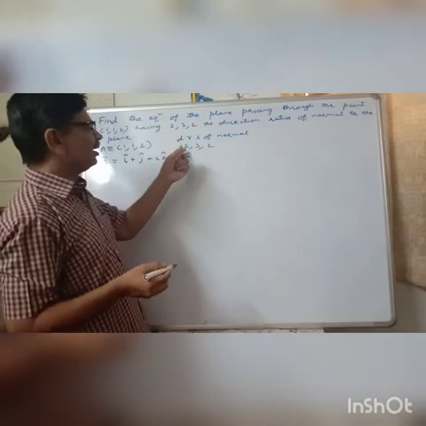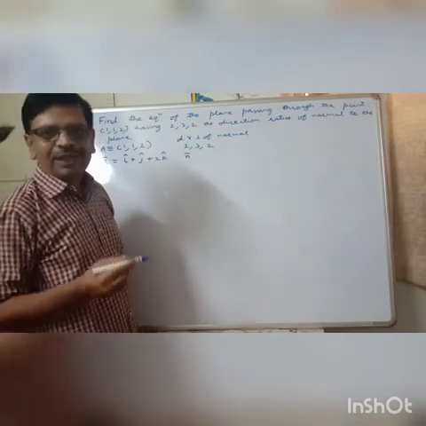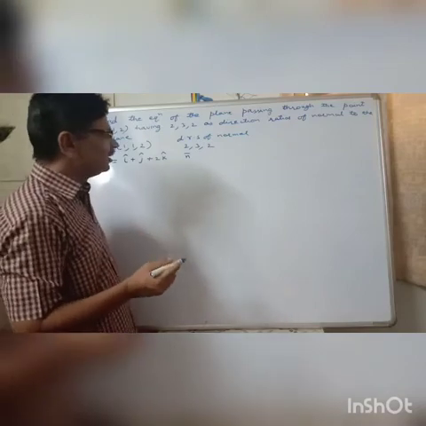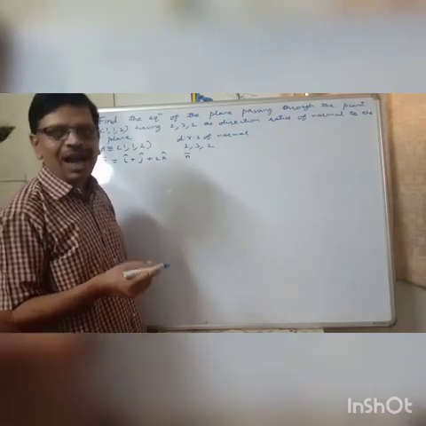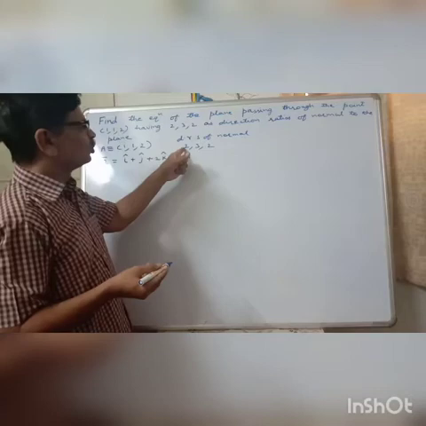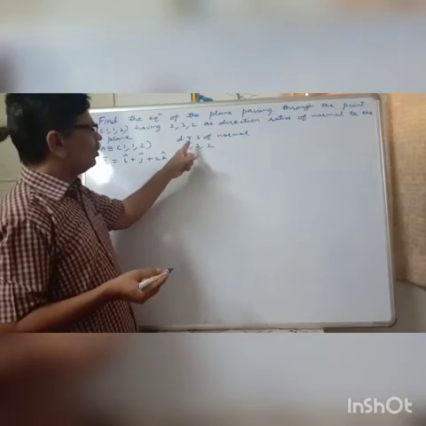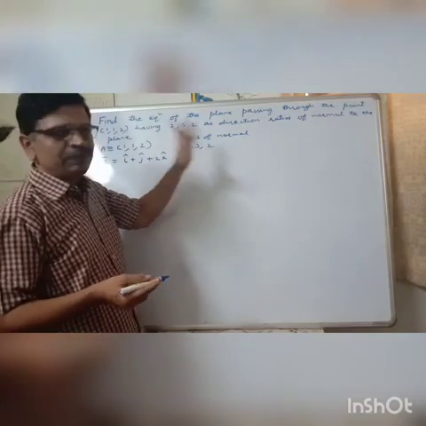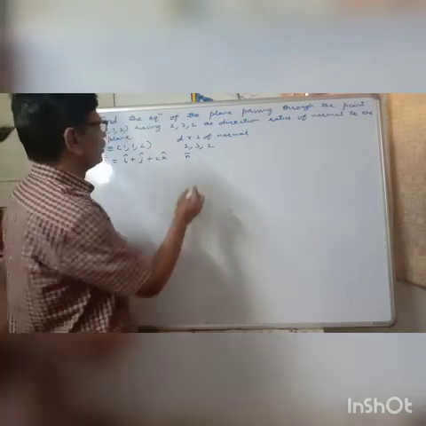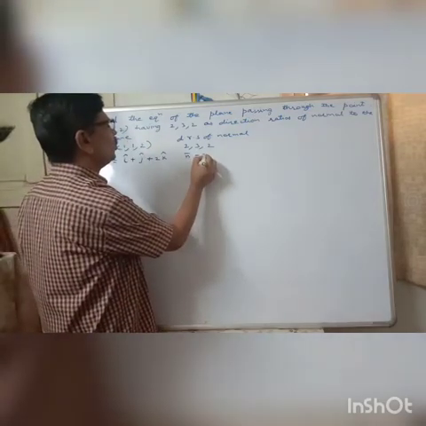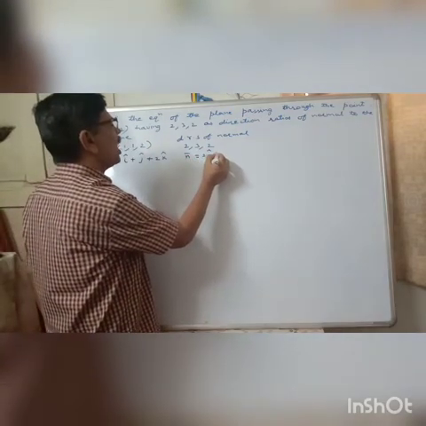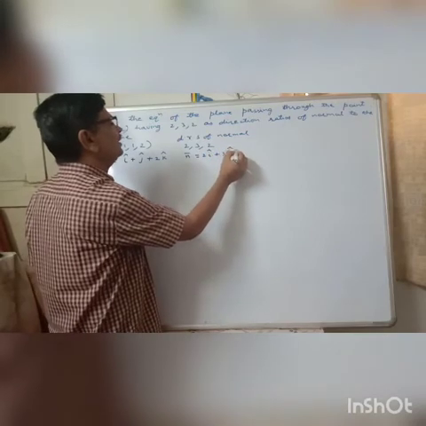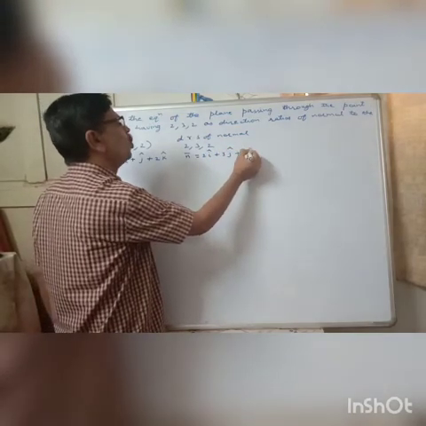In that vector, direction ratios, they become coefficients of unit vectors i, j, k. This is coefficient of i, coefficient of j, coefficient of k in order. So n bar equal to 2 i cap plus 3 j cap plus 2 k cap.